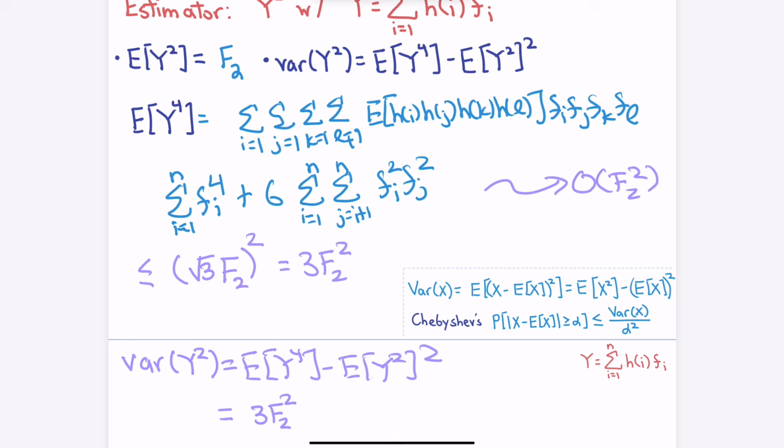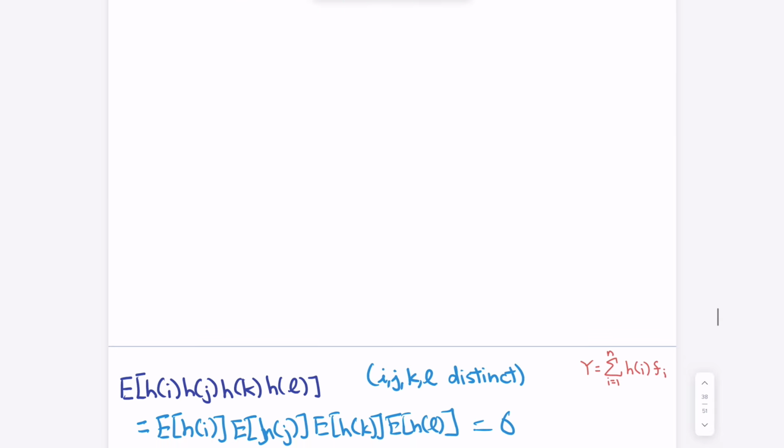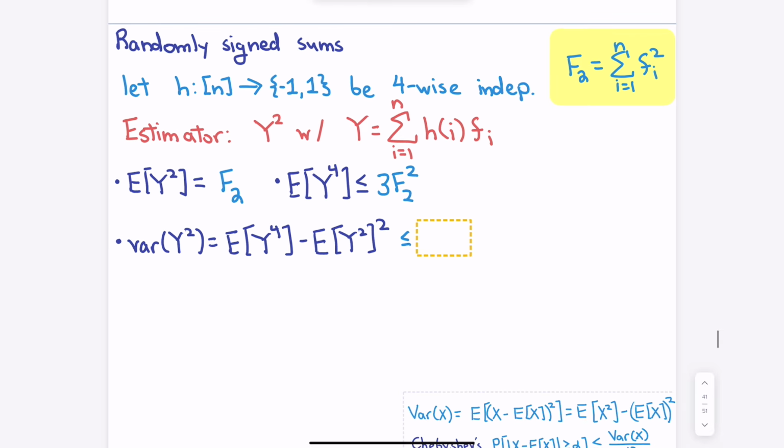Maybe 3f2 squared minus f2 squared, 2f2 squared. So we're getting some variance proportional to the second moment squared. Something comparable to what we're going for, actually. Okay, good.